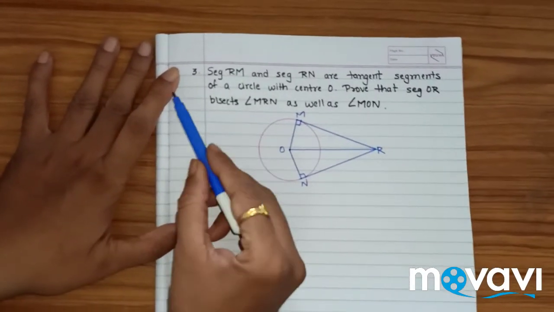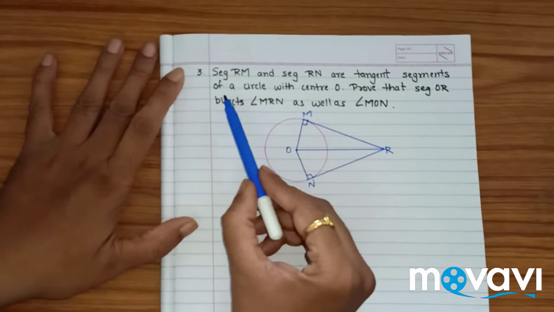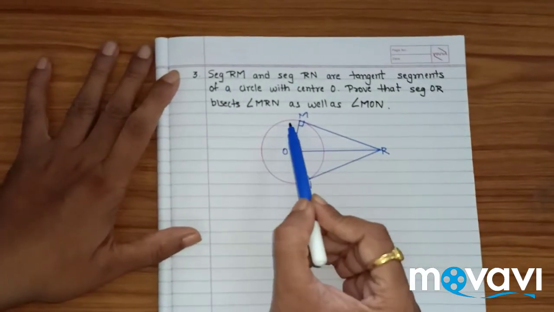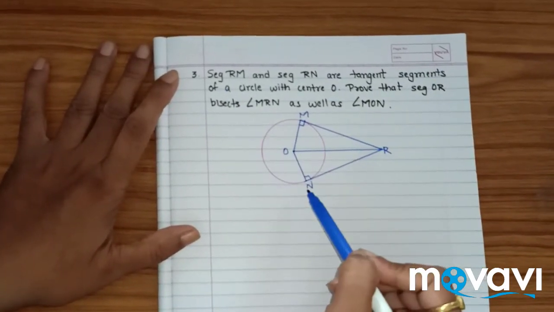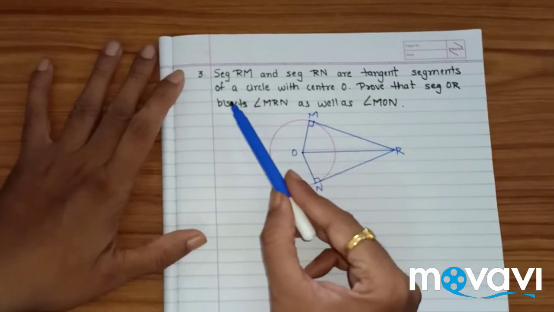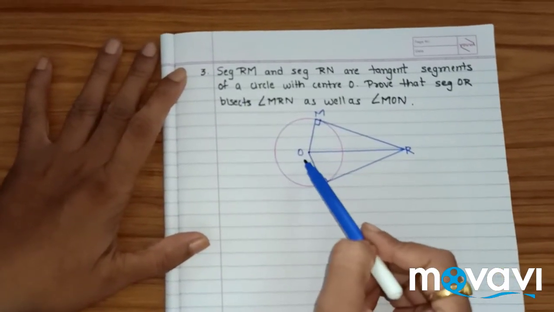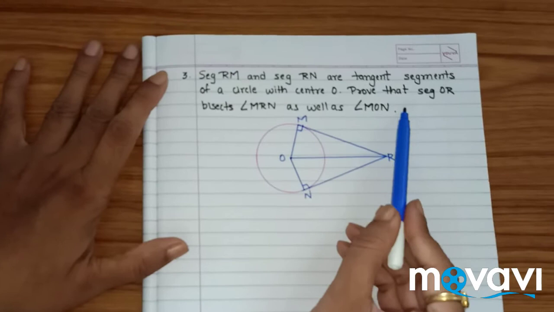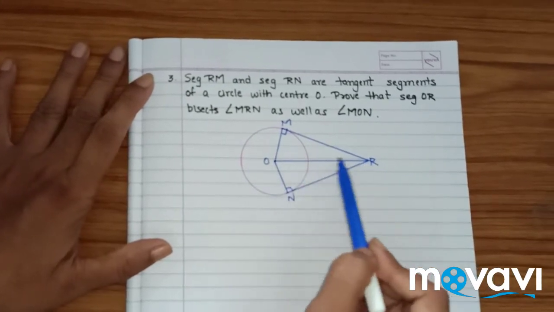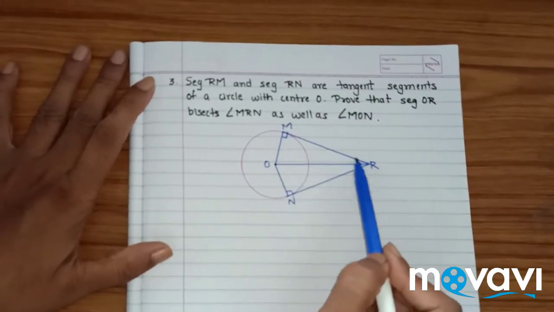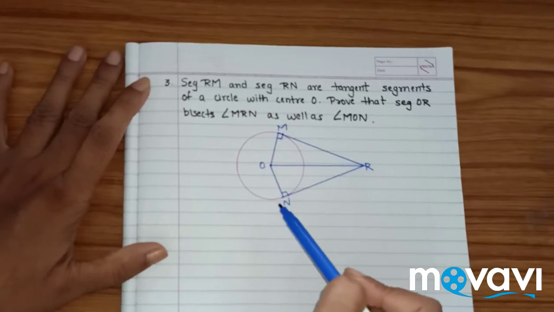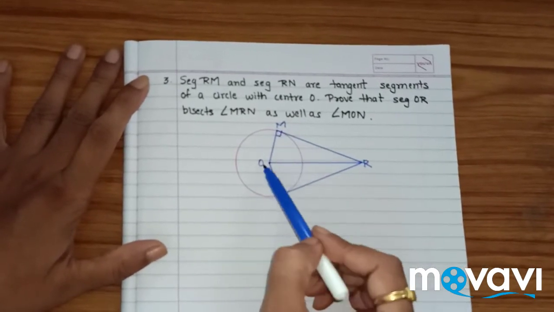This is the third example. Let us see. Segment RM and segment RN are the tangent segments of circle with center O. Prove that segment OR bisects angle MRN as well as MON.